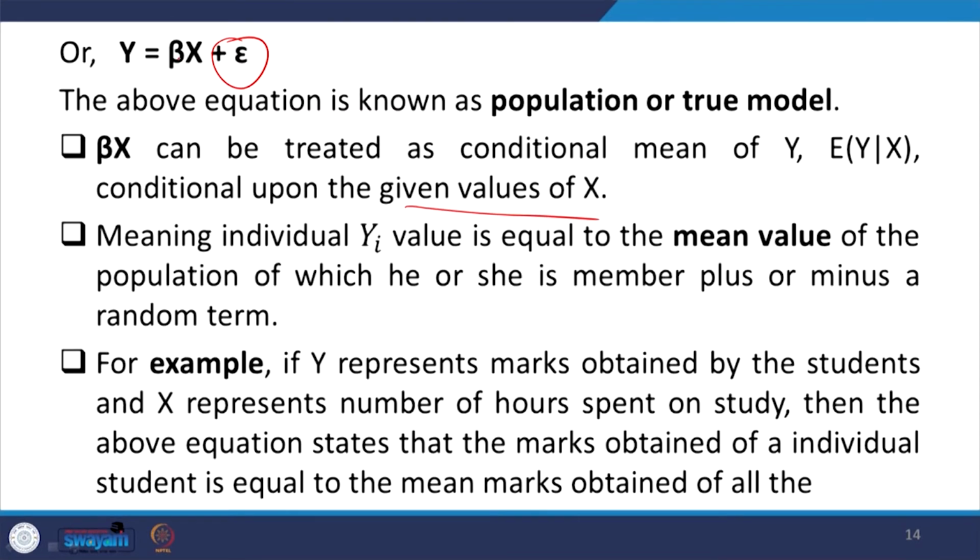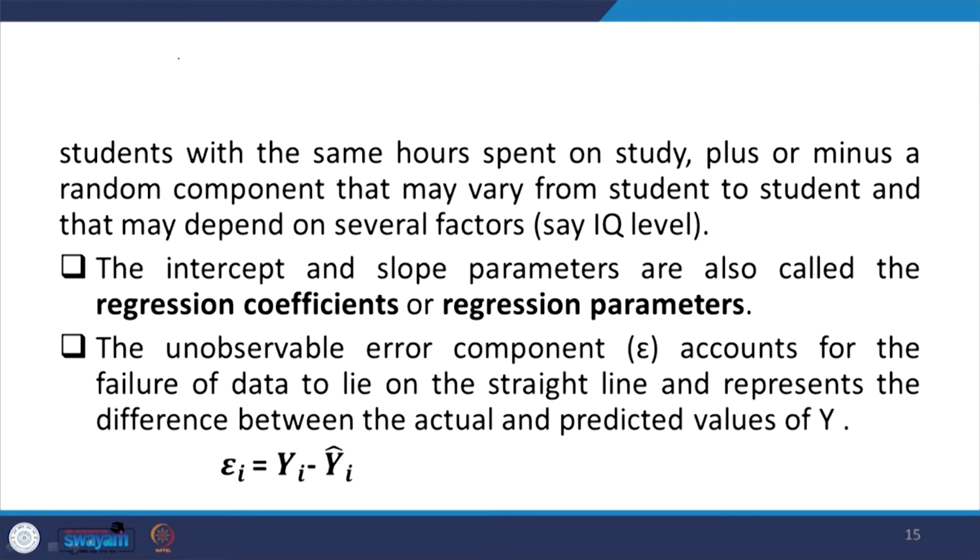In that case, the above equation states that the marks obtained by an individual student is equal to the mean marks obtained by all the students with the same hours spent on study, plus or minus a random component. That may vary from student to student, and that may depend on several factors.